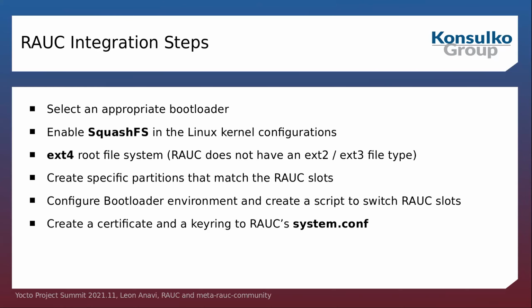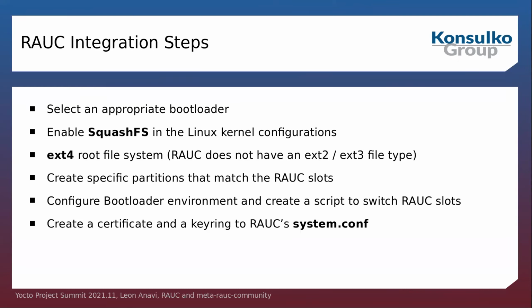For example, the very simple scheme that we covered at the beginning of the presentation with only 2 redundant partitions, A and B, we have to create them to make sure that they have the same sizes and configure them as RAUC slots.